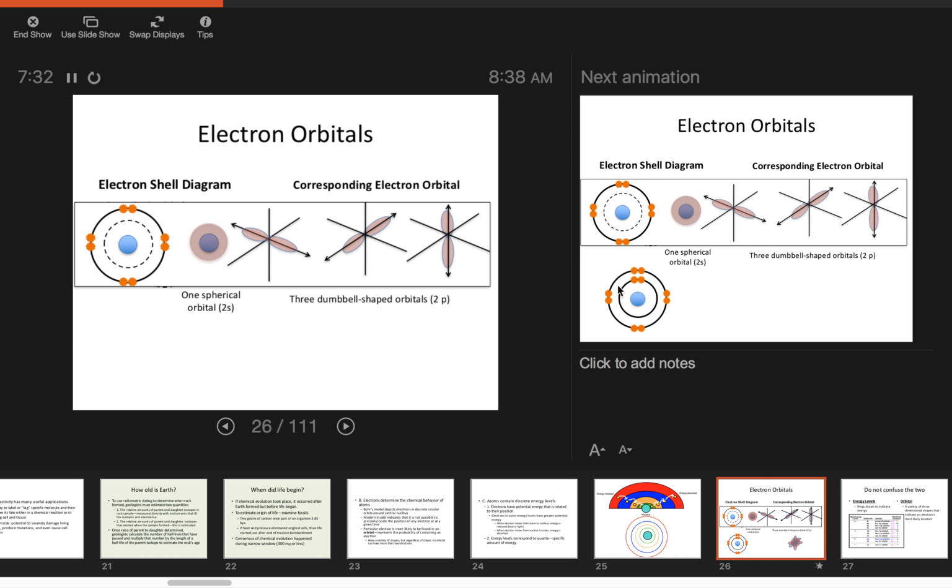So if I were to count the electrons just for this second energy level, 2, 4, 6, 8. So this is what that looks like. And then I still have the 1s, so you can kind of see the overlap of the first energy level with the second.